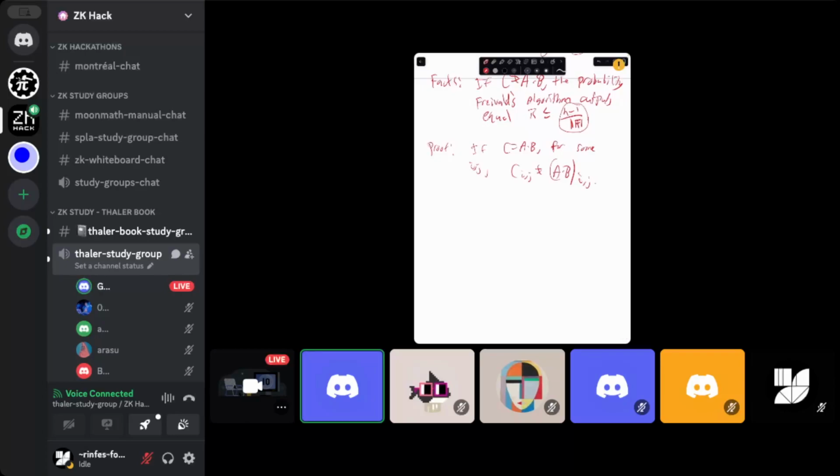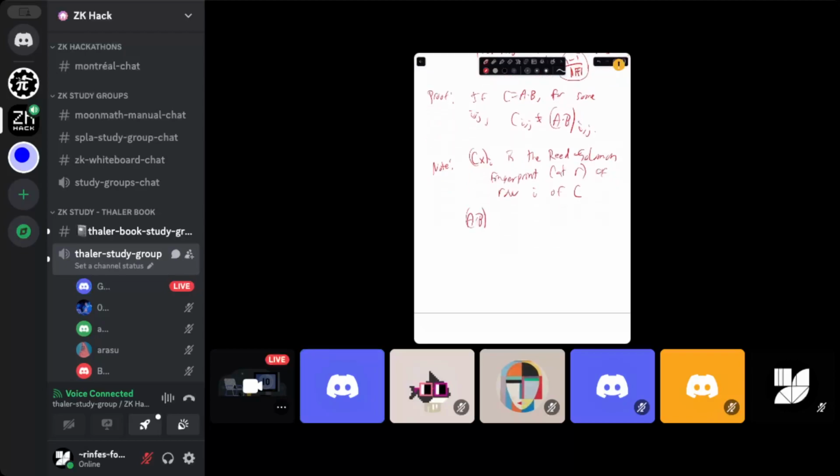Note that the ith entry of Cx is just the Reed-Solomon fingerprint at R of row I of C. And similarly, the ith entry of A times B times X is the Reed-Solomon fingerprint of row I of A times B.